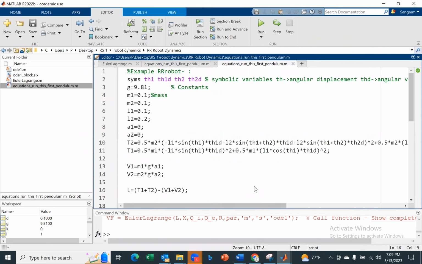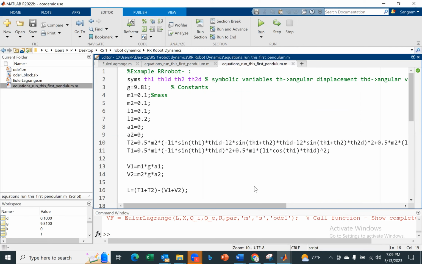Can I erase this? This is the very first robot that we solved, and we solved this robot multiple ways.